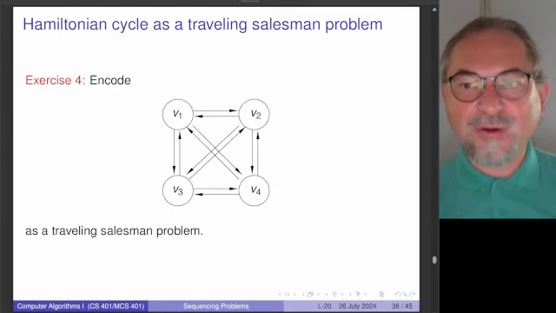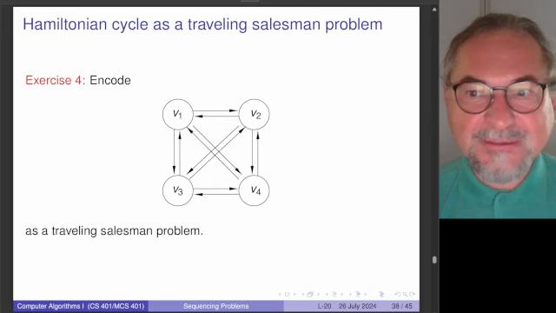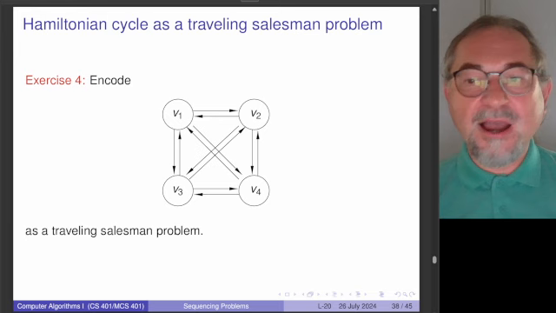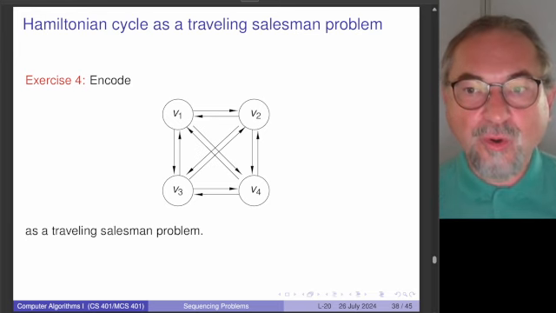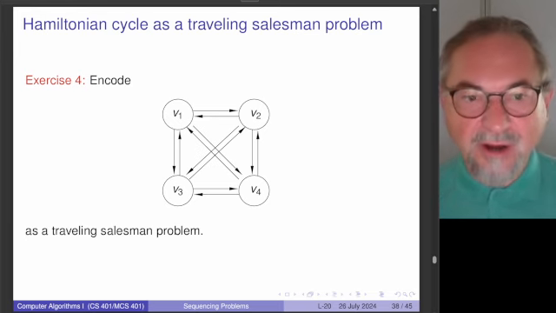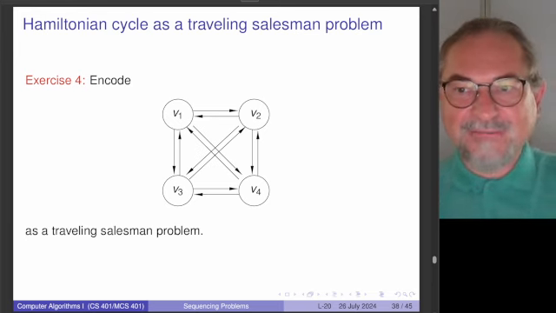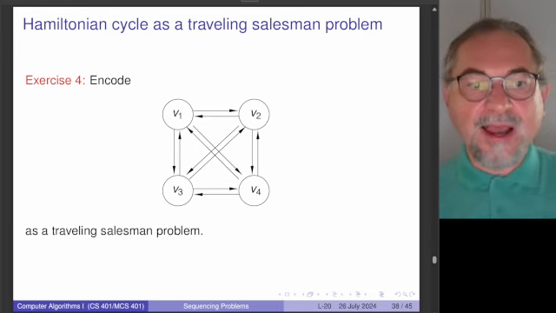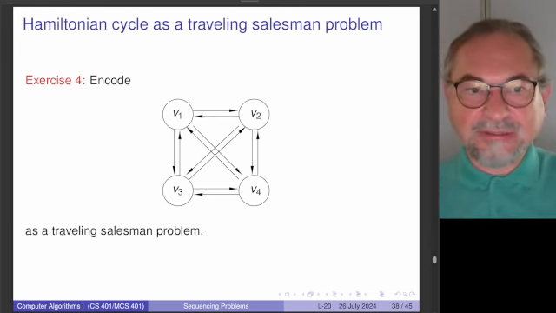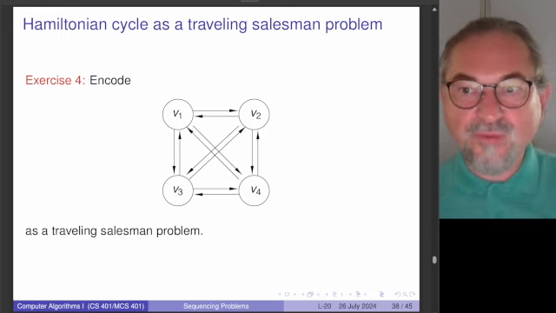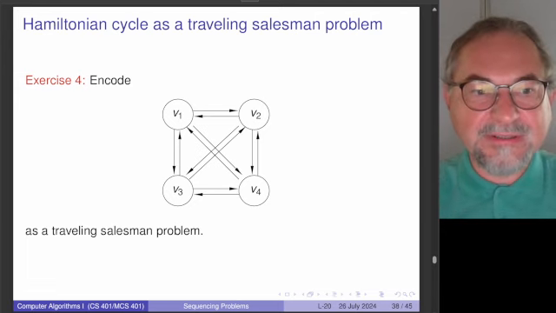Okay, here is now an exercise to make sure, so in some sense not all exercises are equal in difficulty. How can you encode the graph that we have used in the traveling salesman problem? This is a graph where I have removed all the distances.